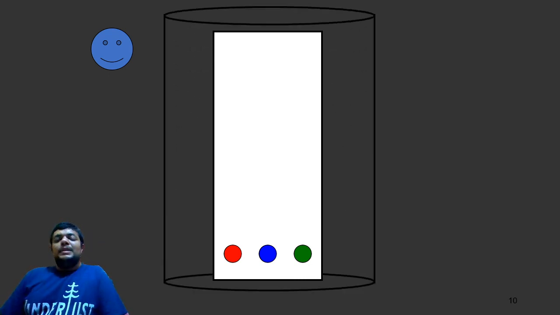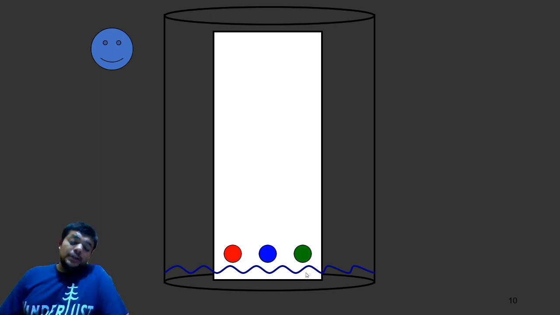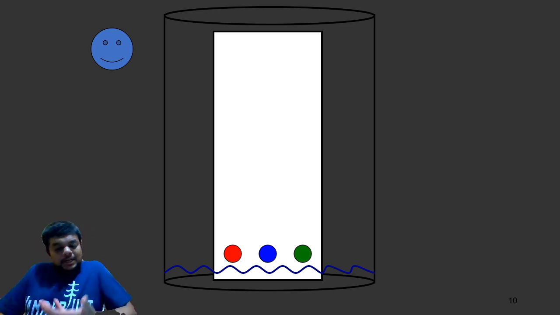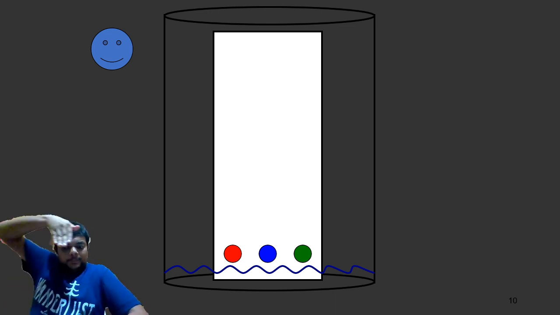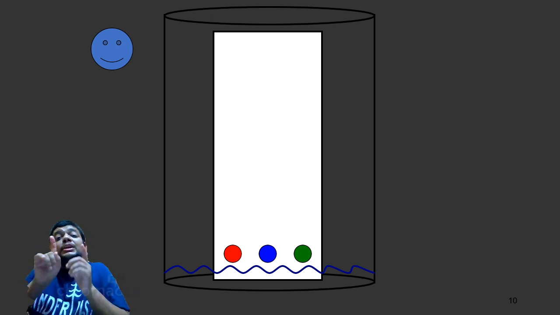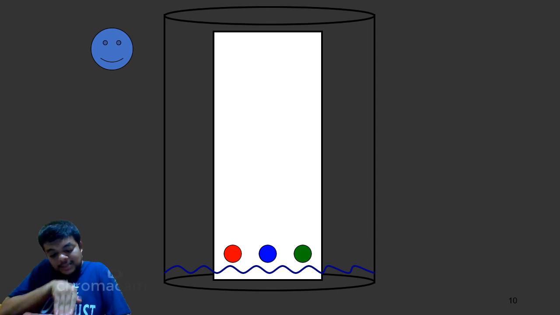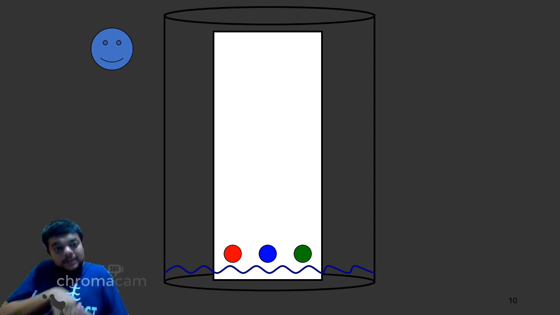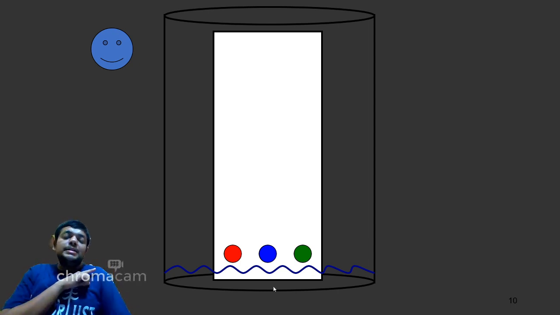This has to be placed in a glass beaker or a jar filled with a mobile phase, mind well, in such a way that the mobile phase should not touch the spots initially. When you place the plate into the beaker or jar, it should be placed in such a way that the mobile phase touches the bottom of the plate but should not get in direct contact with the spots.